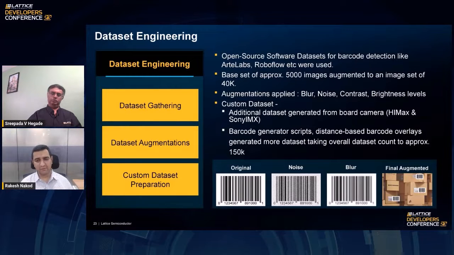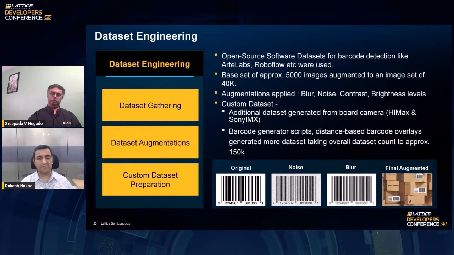We also developed our own scripts because we were trying to do multiple barcode detections. We had to detect barcodes at a greater distance, so we developed custom scripts to generate a different category of data which is not available in open source, so that we can build our solution.